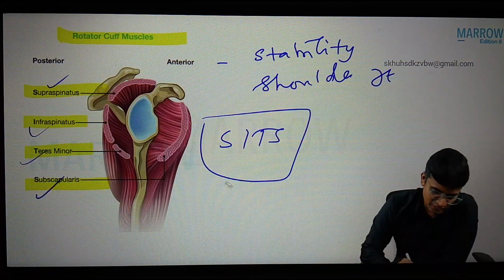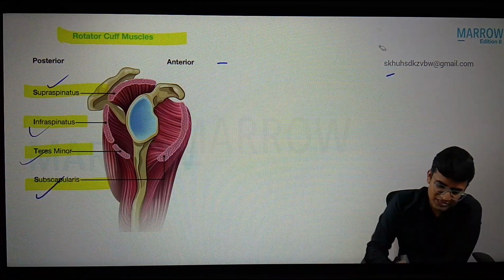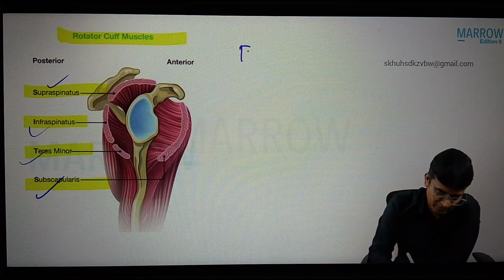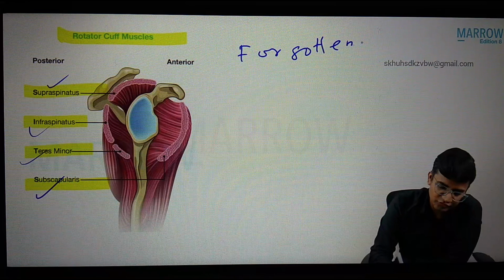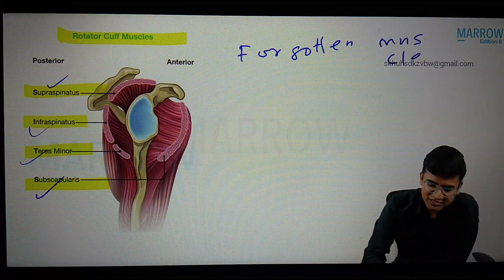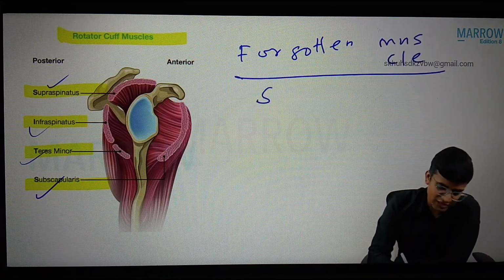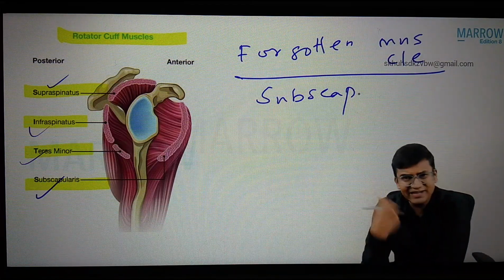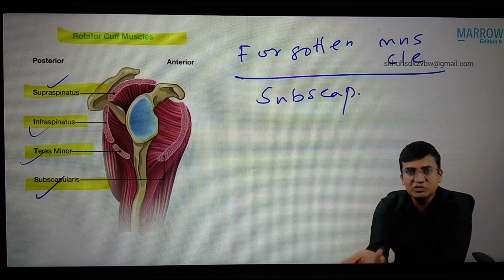Now, out of these four muscles, the subscapularis is called the forgotten muscle because the muscle is very deep and the pathology is very difficult to localize.